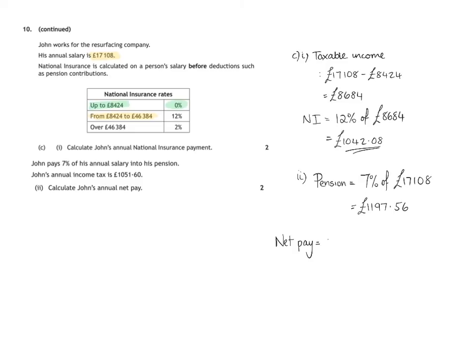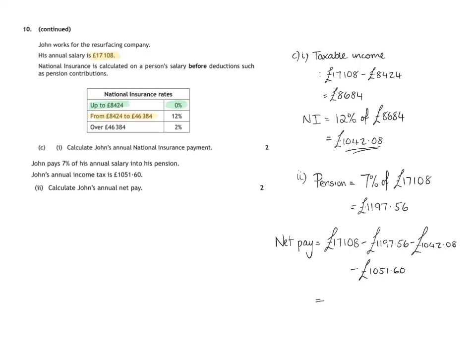So net pay is our total annual salary, take away our 3 deductions that we've got. So we've got £1,197.56 we need to take away. We also need to take away our £1,042.08. And we have to take away our £1,051.60 that we got told in the question for his income tax.